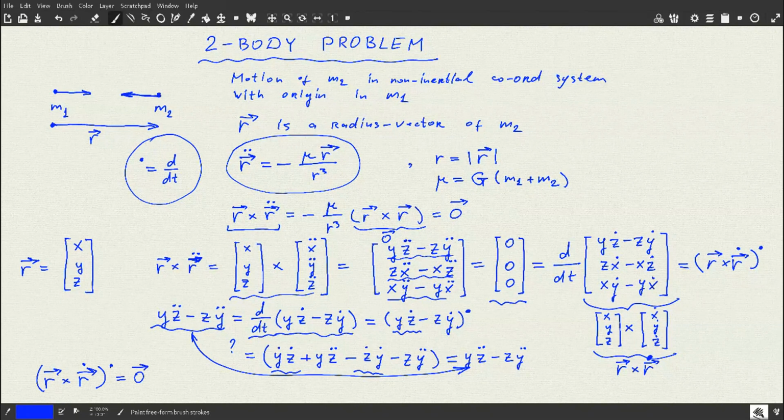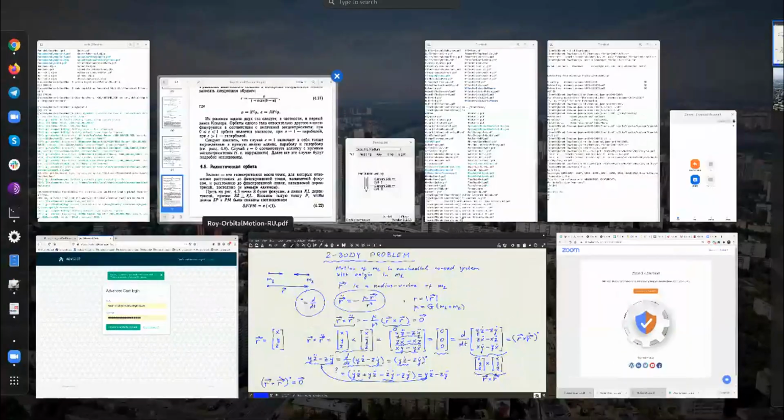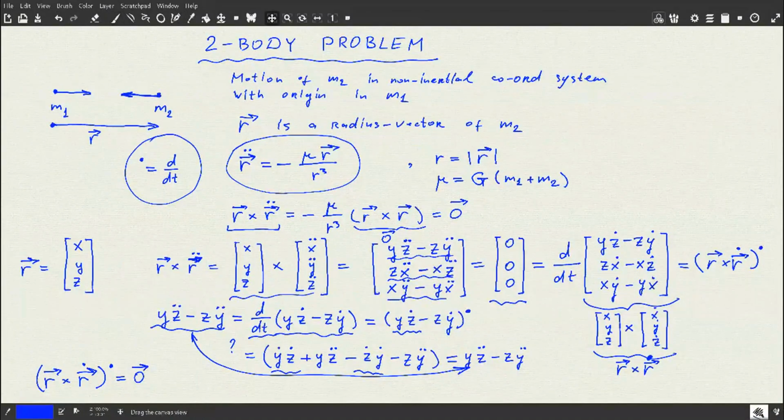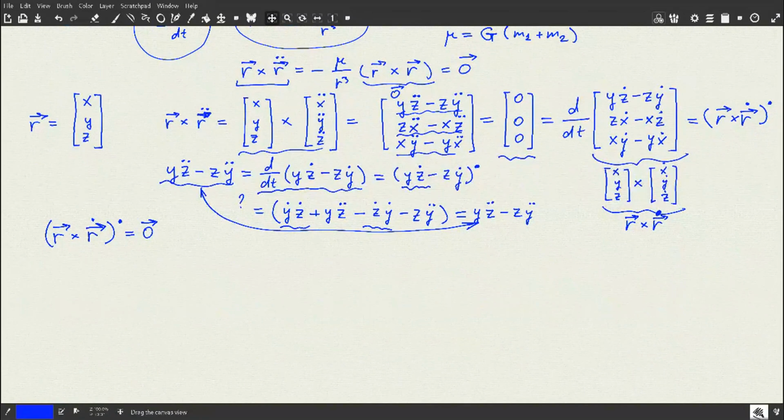Obviously both r and r dot change over time, but the derivative of their cross product is 0. What does it mean if the derivative is 0? It's constant. Yes, it necessarily means that the vector is constant. So r times r dot is a constant vector which we denote by h.